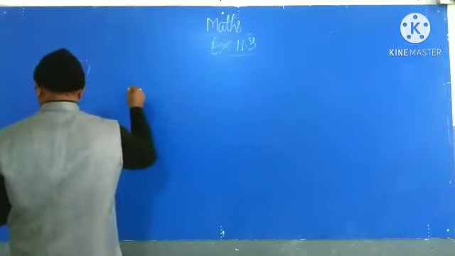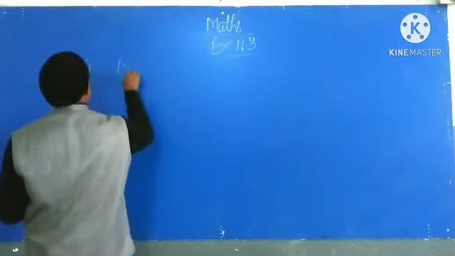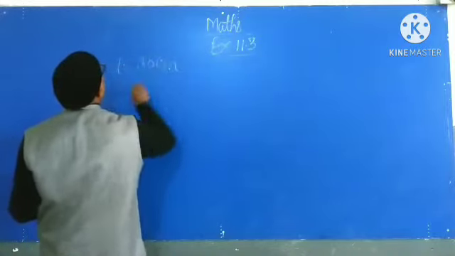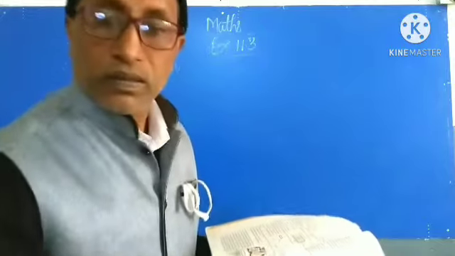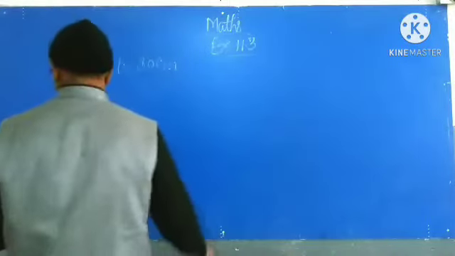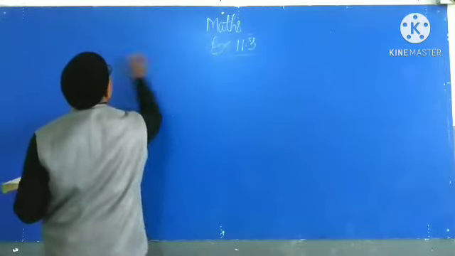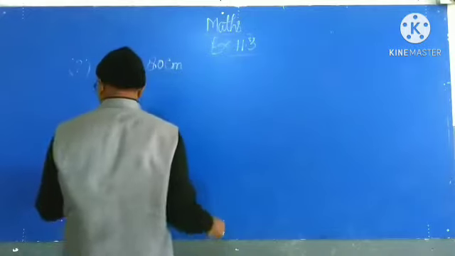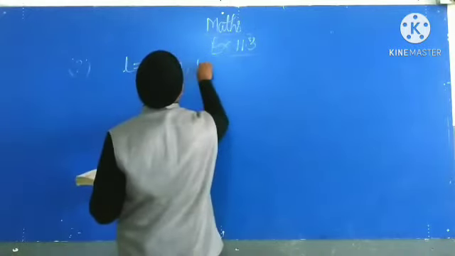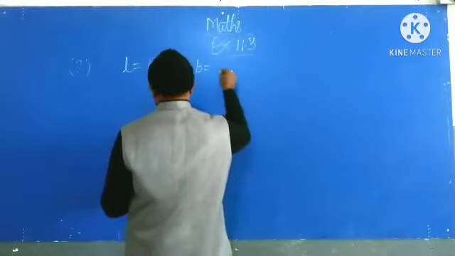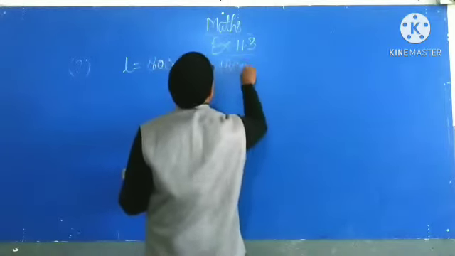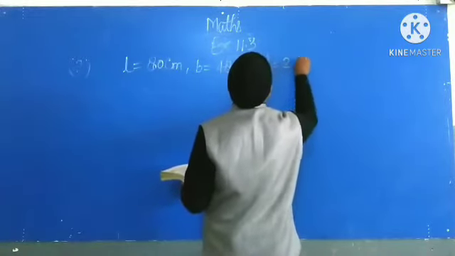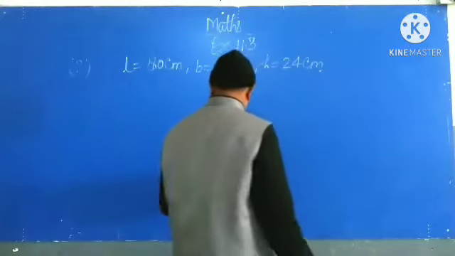Length of suitcase L is equal to 80 centimeter, B is equal to 48 centimeter, and H is equal to 24 centimeter.